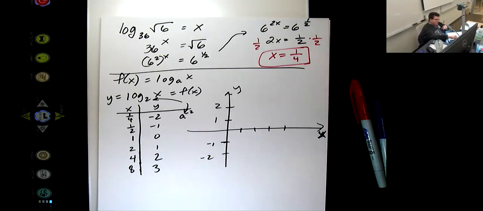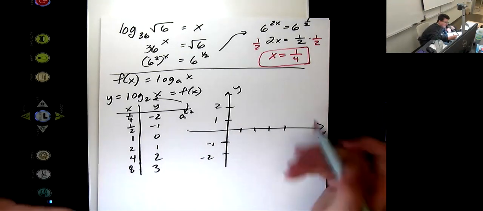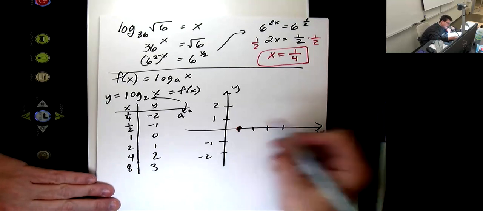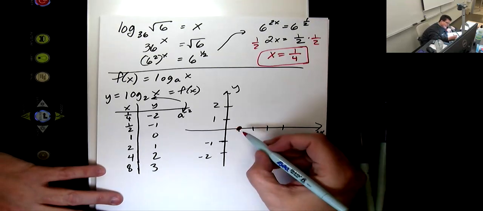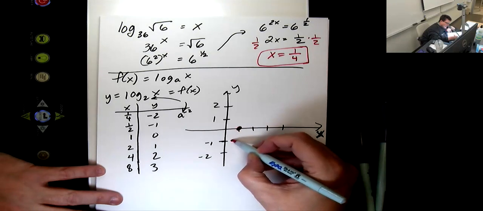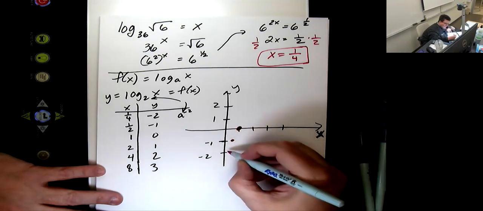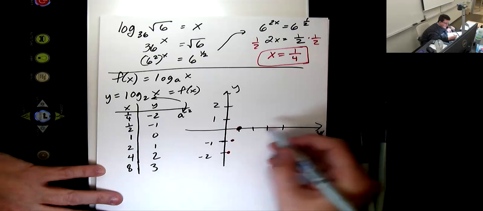I'm just going to do a few of them. So 1, 0 is on all of them. 1/2, -1 is down here. 1/4, -2 is down here.